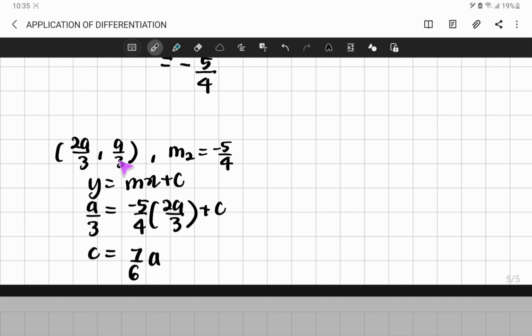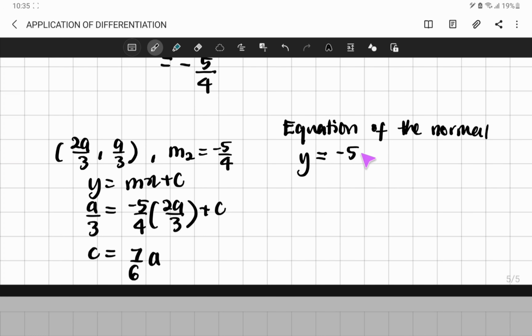Using this point, the gradient of the normal, and the intercept of 7a over 6, we can form an equation of the normal. y equals m, which is -5 over 4, x plus the c, 7a over 6.